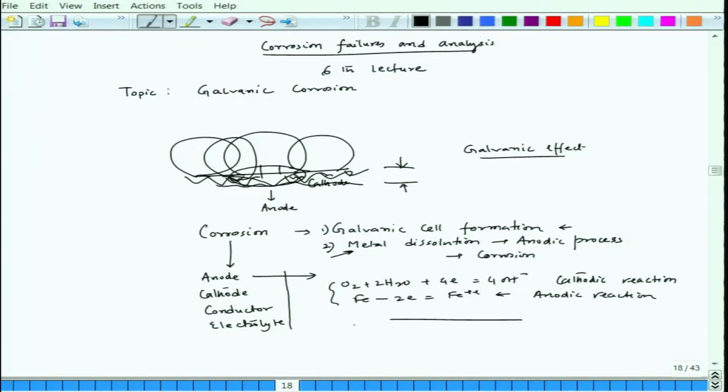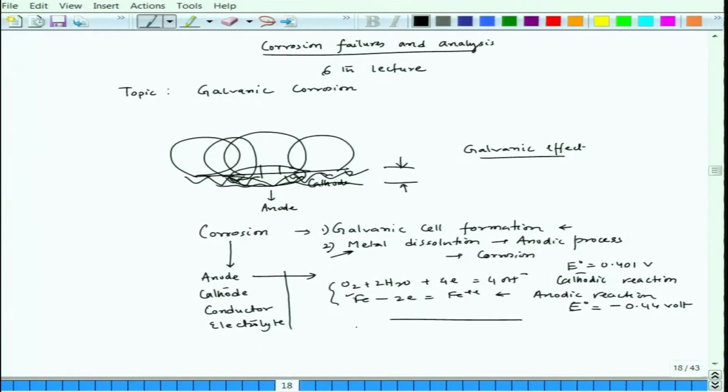And why does this reaction continue? Because if we consider the standard reduction potentials for those two reactions, for the first reaction the standard reduction potential is positive volts, and for the second reaction E0 equal to minus 0.44 volt. These are with reference to the standard hydrogen electrode. Okay.